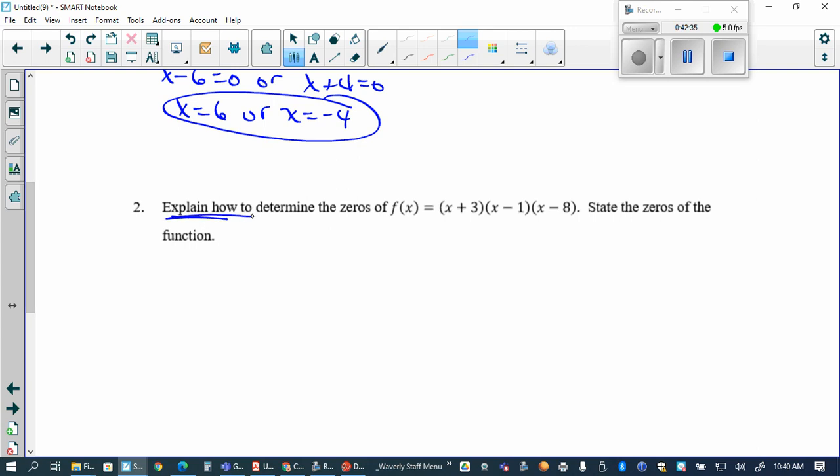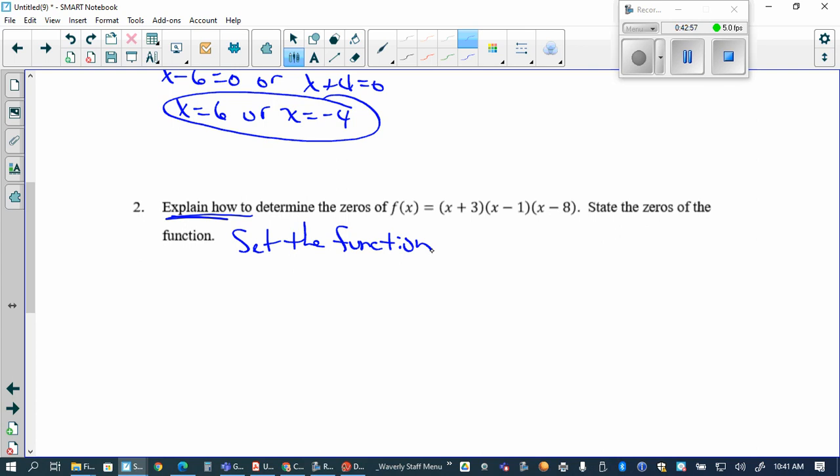This is like two parts. Like I think on the actual Regents exam, they'd be separated. So wouldn't we set the function itself equal to 0? The whole thing? I don't know why they have you explain it and then do it. Wouldn't doing it be sufficient to know you could explain it? But whatever.